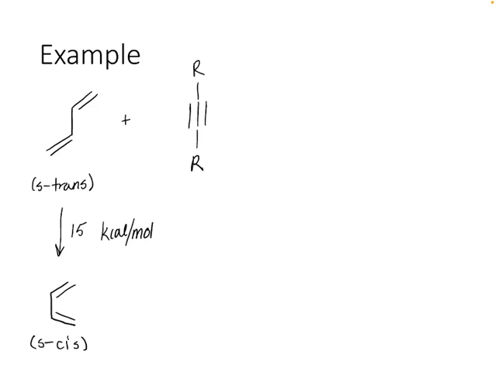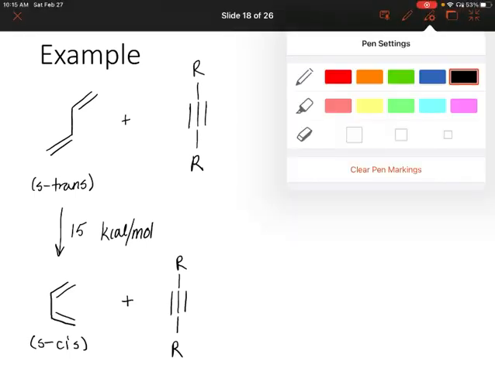Okay, now let's look at our dienophile, which has a triple bond instead of a double bond. Okay, so that's new. And remember, those R groups are just alkyl groups, so something with carbons and hydrogens. Okay, so if you have a triple bond, it doesn't really change how the reaction works.